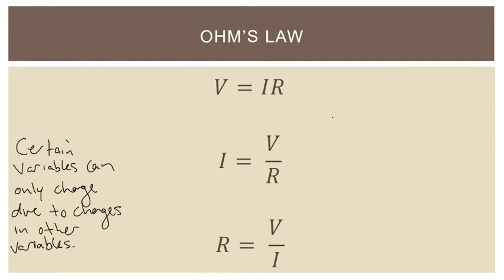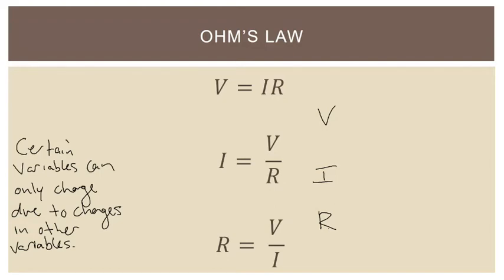And so now we want to go through all three of these and think, which one of these variables can you change without having to change any of the other variables?